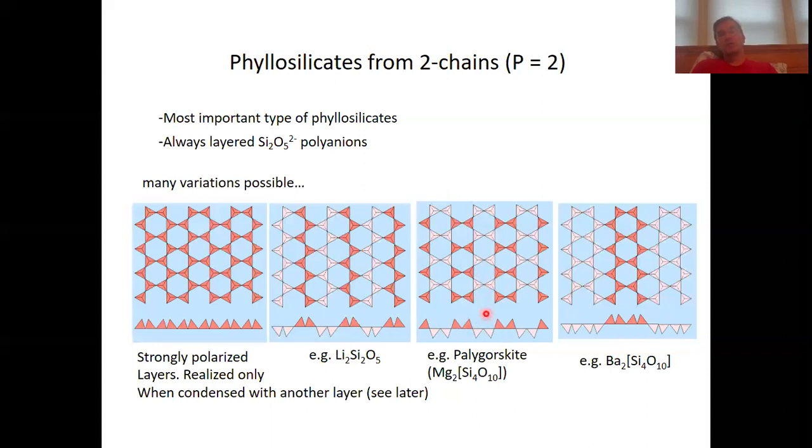Therefore, again, you don't have polarization across the layer. So this is also energetically pretty favorable, and there are numerous examples. The one example is a mineral which is called the Phyllosilicates, which has the formula magnesium 2 Si4O10.